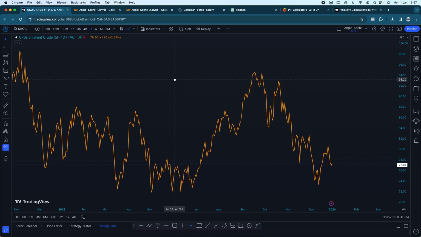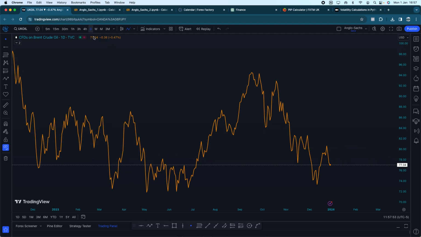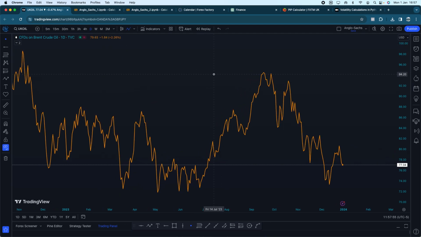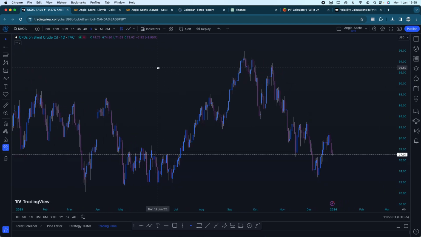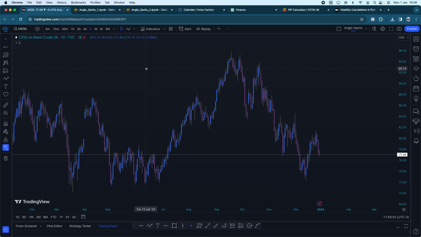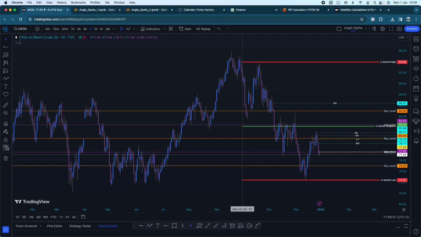So currently we are on a daily chart, on a line graph, and I'm going to change this to a candlestick graph as always. Then I'm going to highlight my annotations on my chart. Here we go.